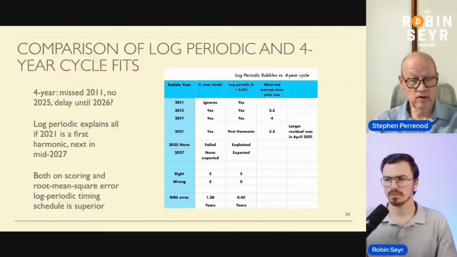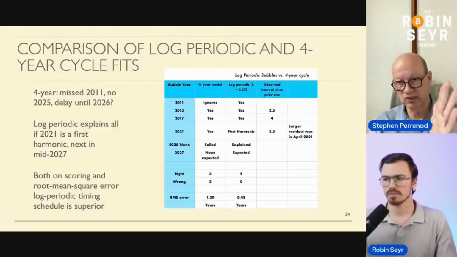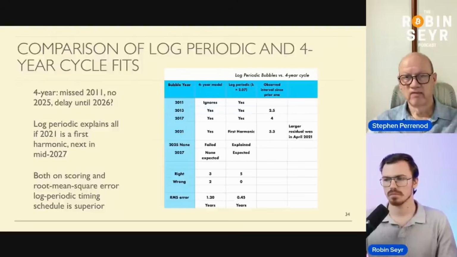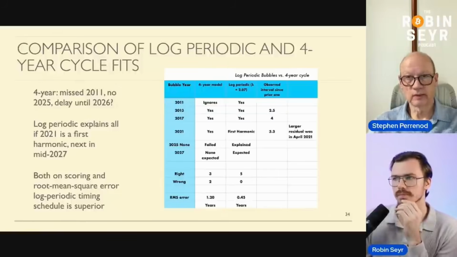And the RMS error, of how much these red lines and blue line varied from there: for the Fourier model, you're off by over a year as the average error, but for us, we're less than half a year. So the scoring on the timing and the root mean square error is superior.